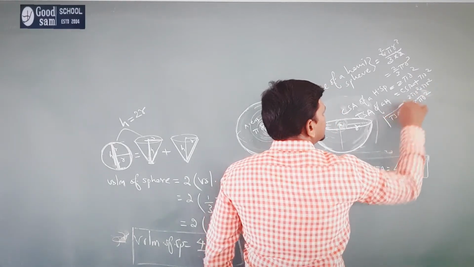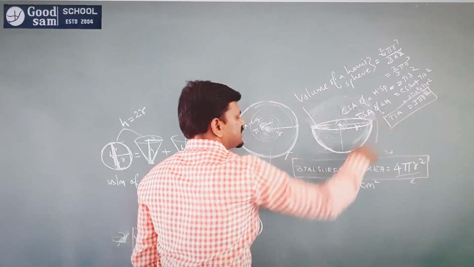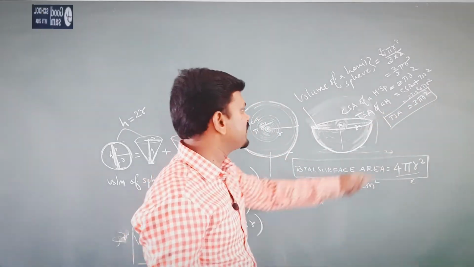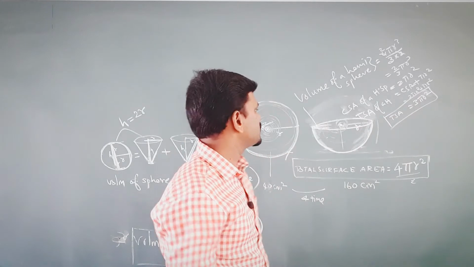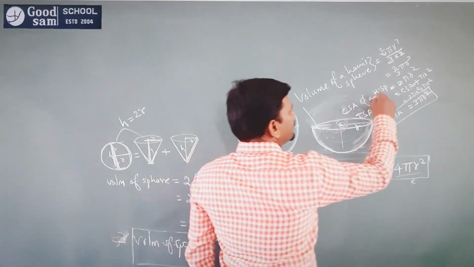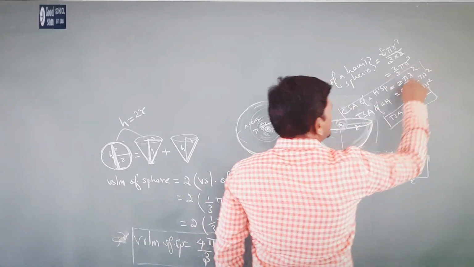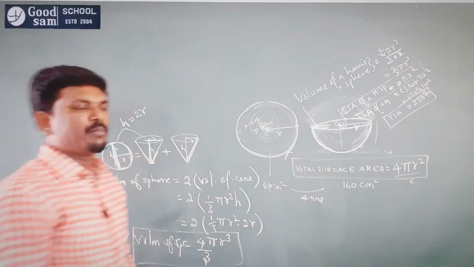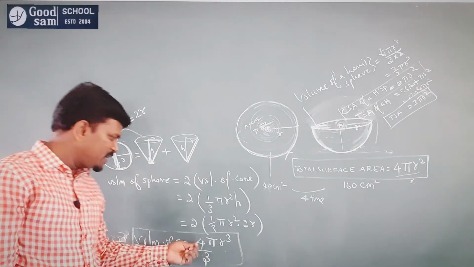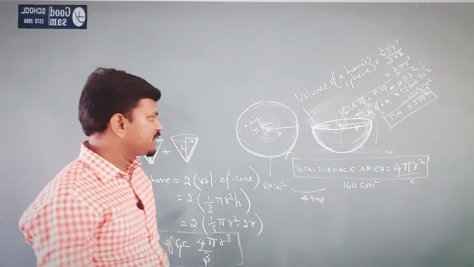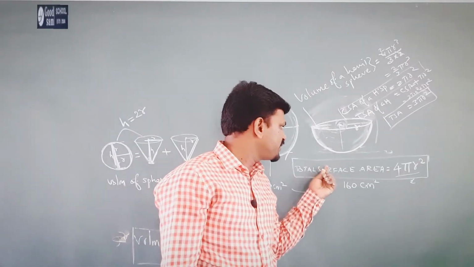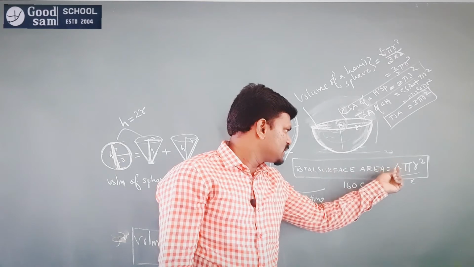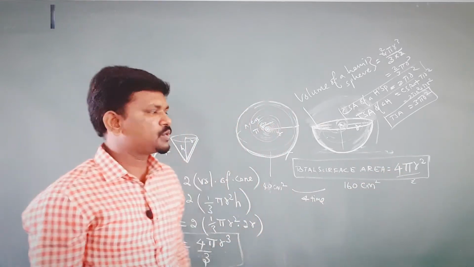This is the TSA of a hemisphere. Total surface area of a hemisphere is 3 pi r square. Curved surface area of a hemisphere is 2 pi r square. Volume of a hemisphere is 2 by 3 pi r cube. Volume of a sphere is 4 by 3 pi r cube. Surface area of a sphere is 4 pi r square.